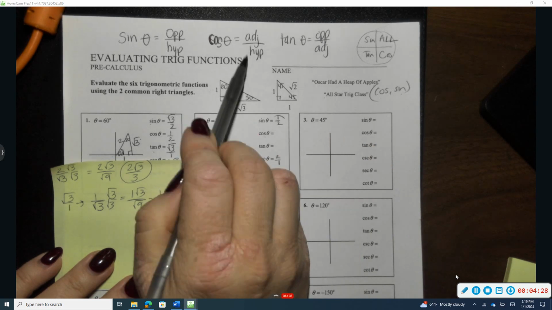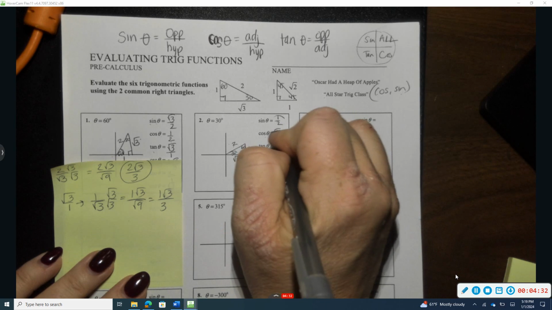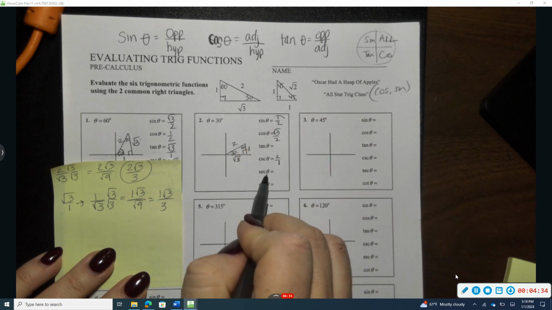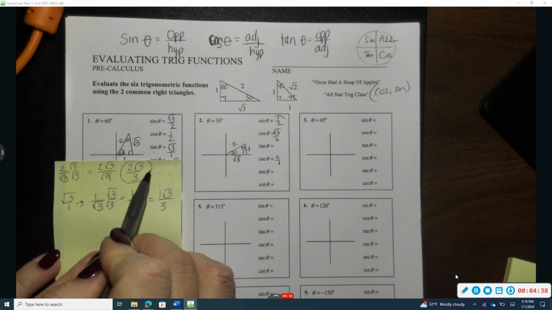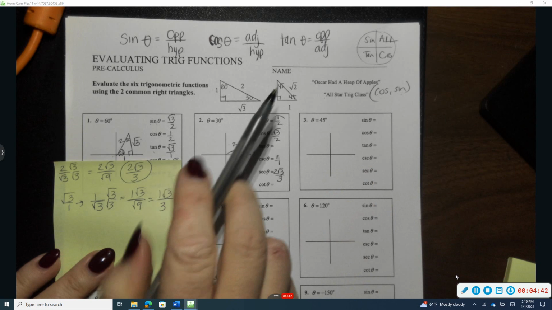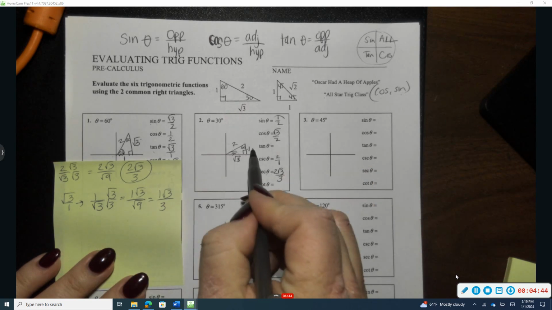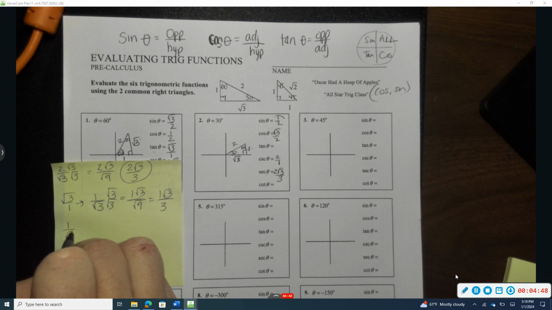Cosine would be adjacent over hypotenuse. Adjacent would be radical 3 over 2, and now the reciprocal is 2 over radical 3, but written in proper form would be 2 radical 3 over 3. The tangent is opposite over adjacent. Opposite over adjacent would be 1 over radical 3.